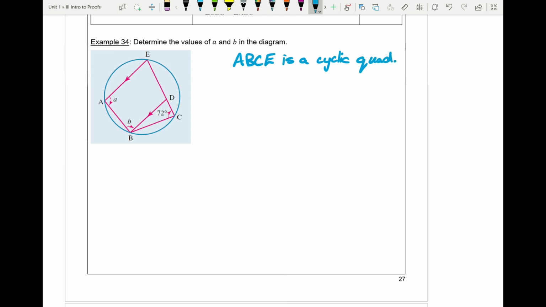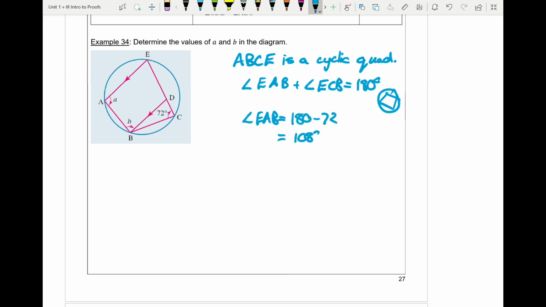Well, it means that angle EAB plus angle ECB is going to be equal to 180 degrees, based off the fact that it is a cyclic quadrilateral. So we know that angle ECB is 72 degrees, so angle EAB is going to be equal to 180 minus 72, which is just equal to 108 degrees.